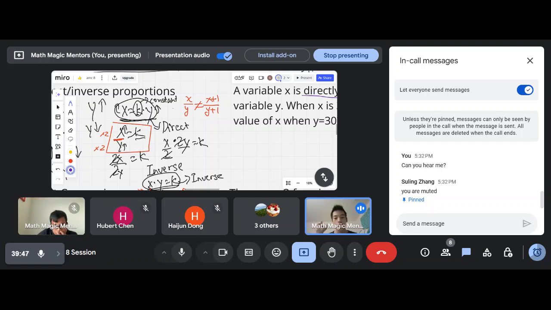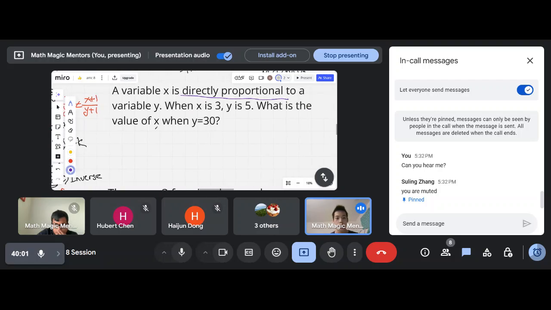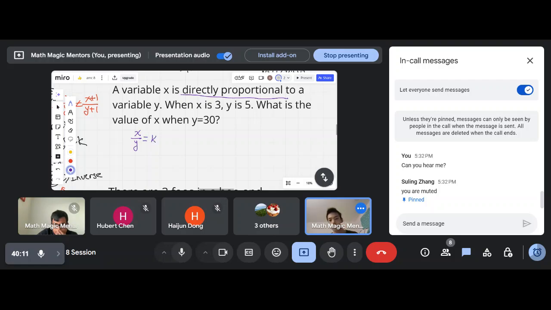So no matter what x and y will be, they must relate such that when x is divided by y, it's always going to be the same constant. This constant k will never change. So using that idea, we can actually just write the equation x to y, or x divided by y, equals a constant k.